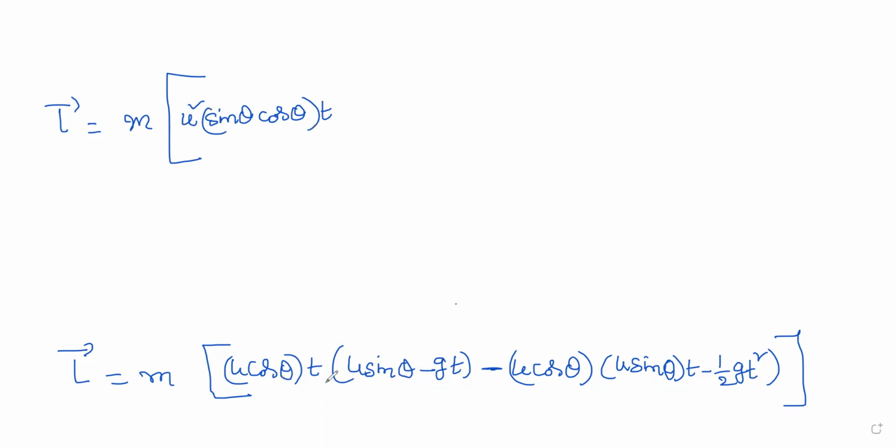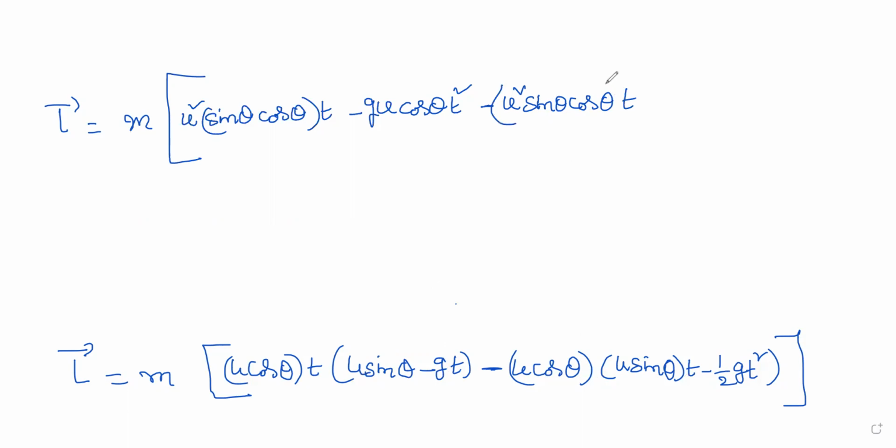Okay, next one, u cos theta t into gt, that is minus g u cos theta t square. This is one. And now u cos theta into u sine theta t, so that is minus u square sine theta cos theta multiplied by t.